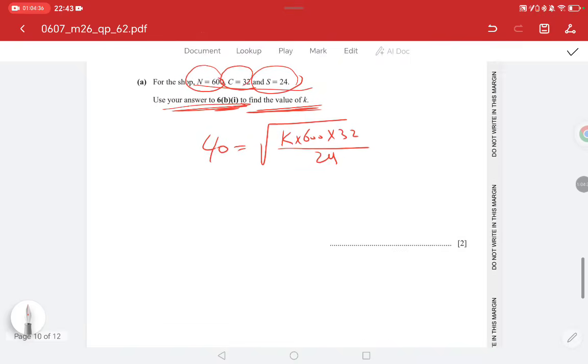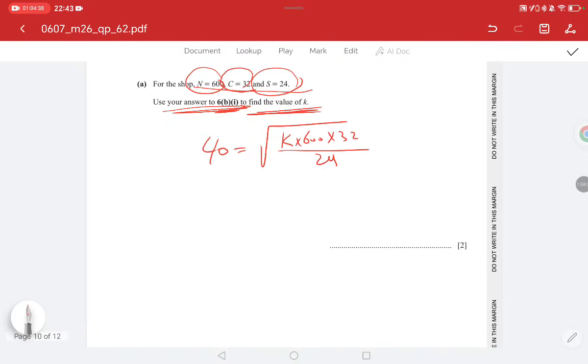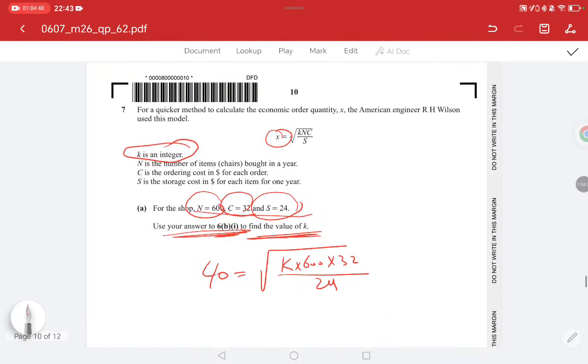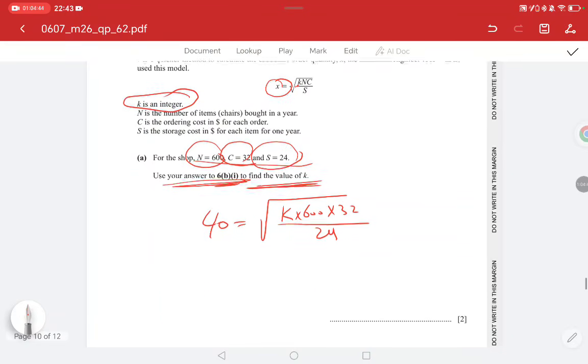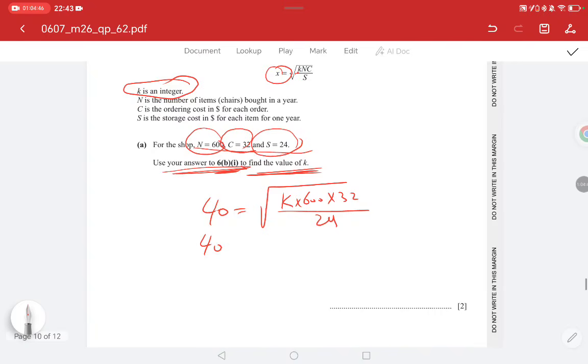Now we need to find k. It's just rearranging a formula. You could rearrange the formula from the beginning before answering, or you can substitute and then rearrange. So 600 times 32, then divided by 24. The answer is 800.